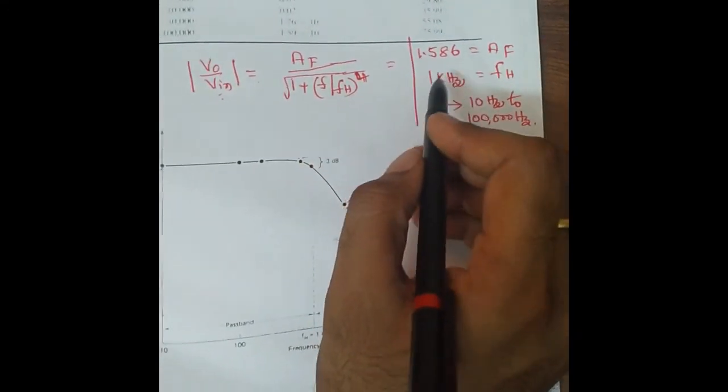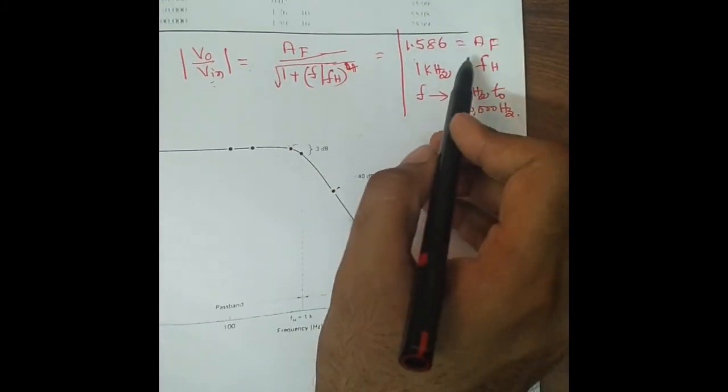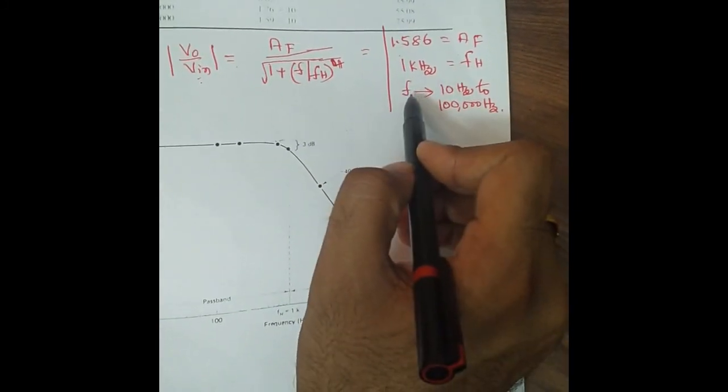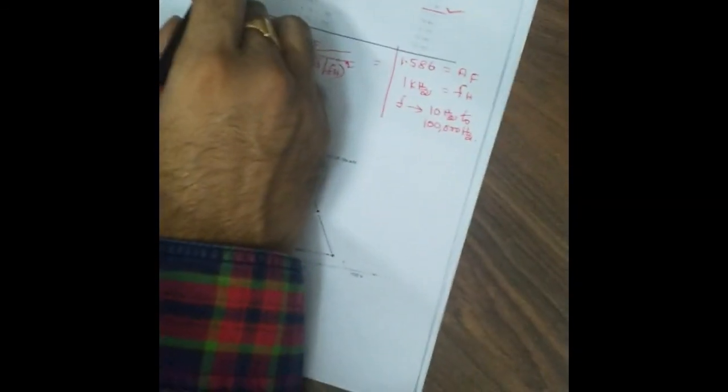If we substitute AF equal to 1.586 and FH equal to 1 kHz, and F from 10 Hz to 100,000 Hz, for the frequency at 1 kHz it will become 1 dB.